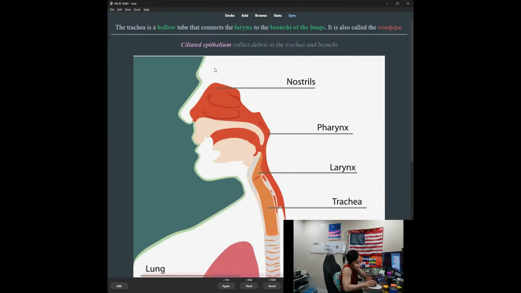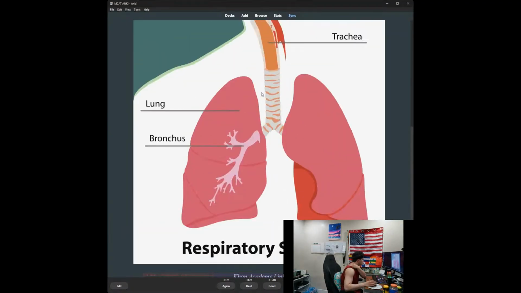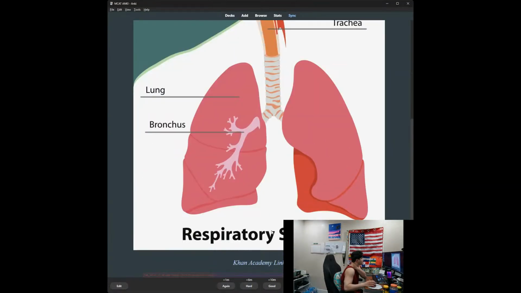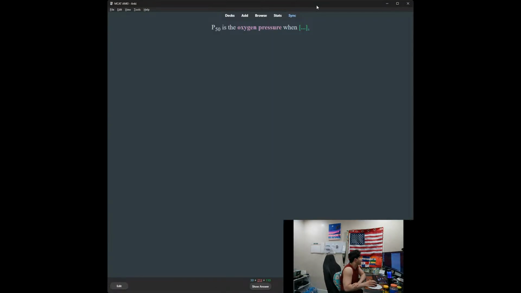The layers to the bronchi of the lungs. Ciliated epithelium collects the mucus of the trachea and the lung. When O2 concentration is 50%.